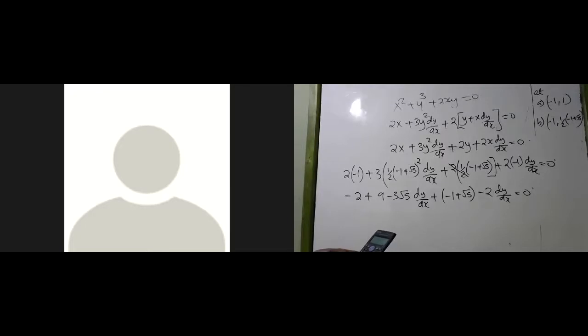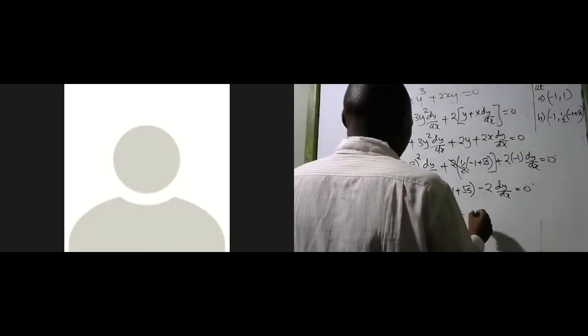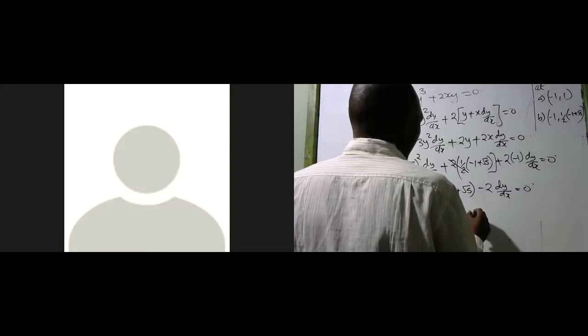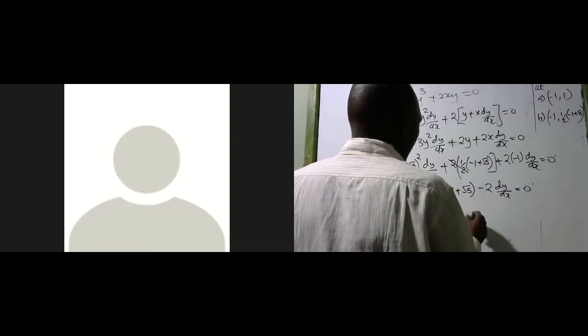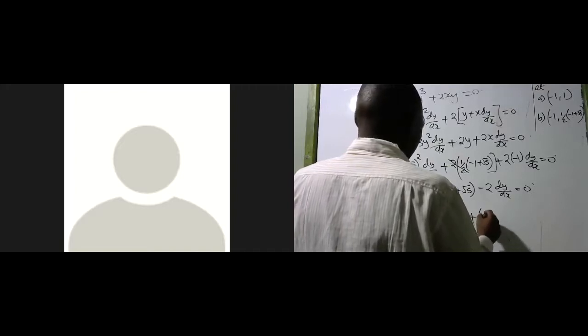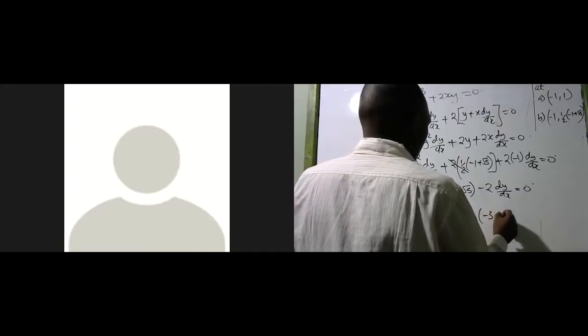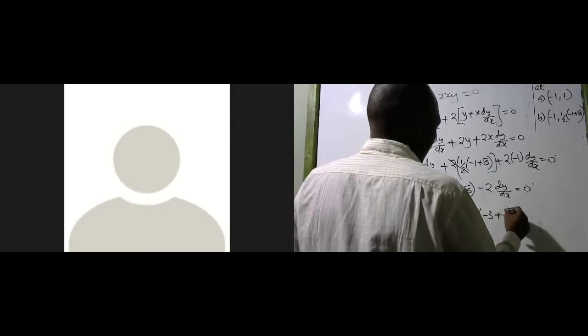When you take it to the other side, it becomes positive. Then this is minus 3, positive root 5. Then now we have to do this one here.